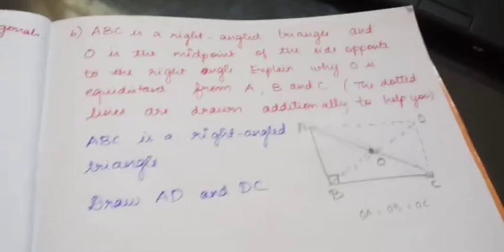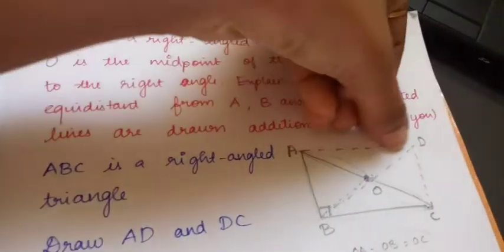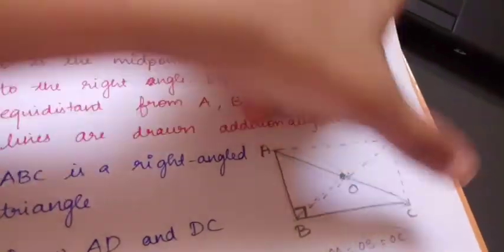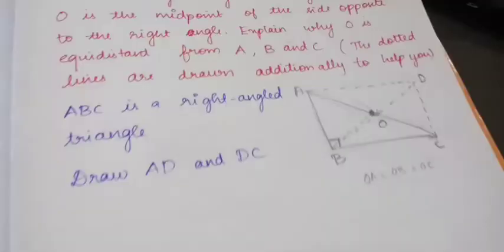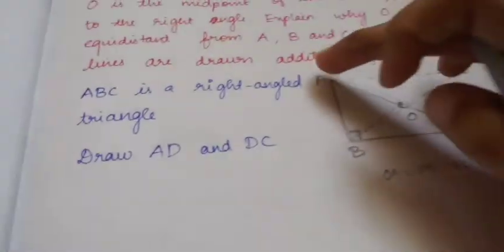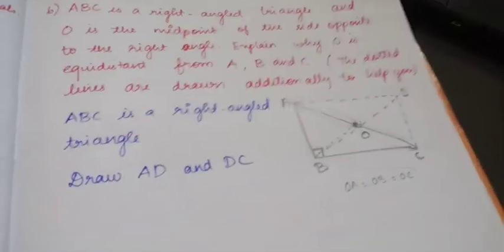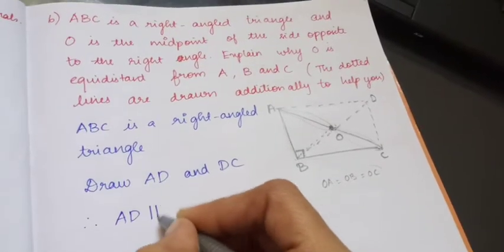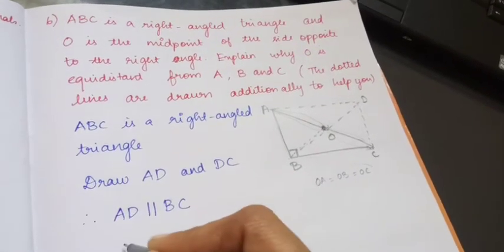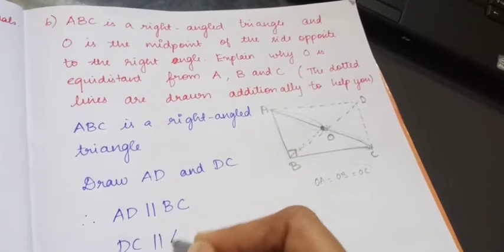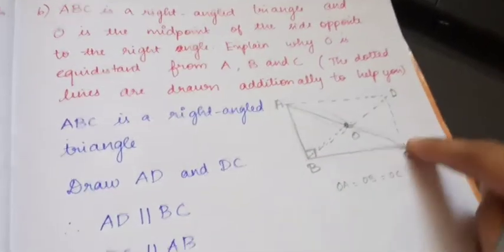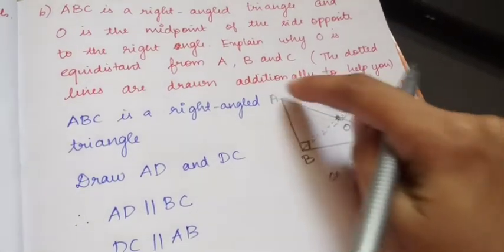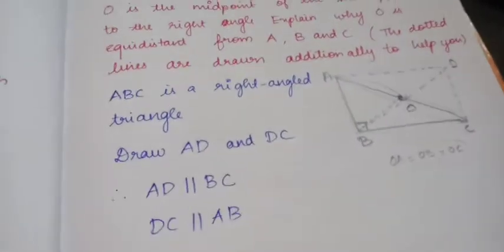They have drawn it like this themselves, children, for our convenience. AD they have drawn, DC they have drawn. After drawing, we can find that AD is parallel to BC and DC is parallel to AB.